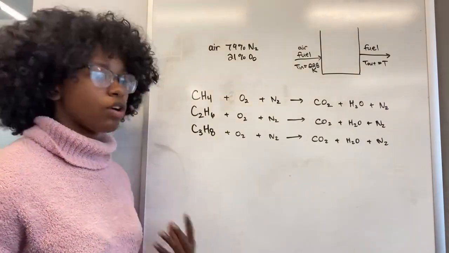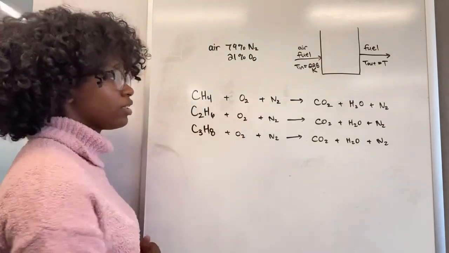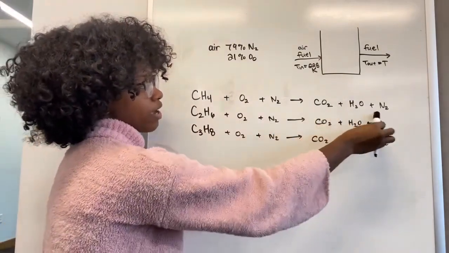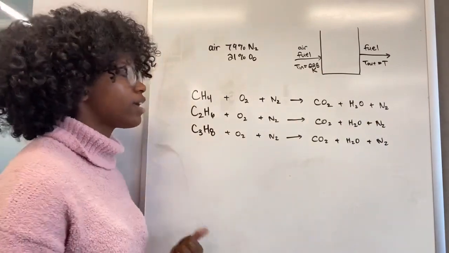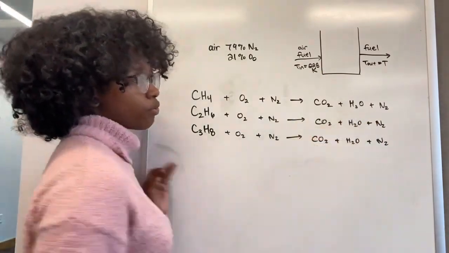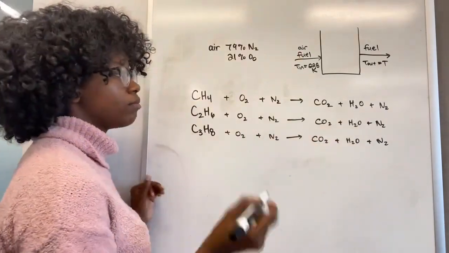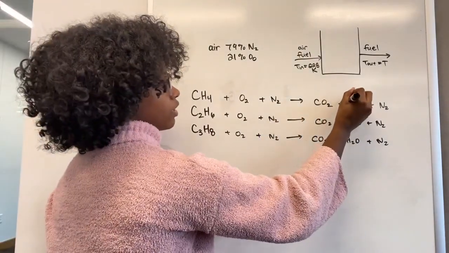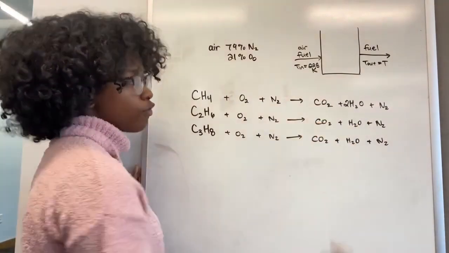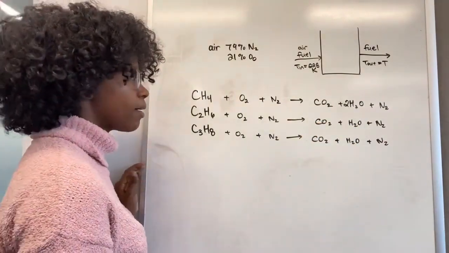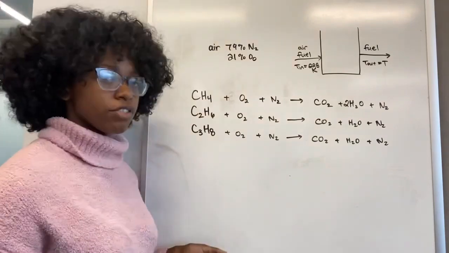So since we have one carbon in methane and no other carbons on the left, we need to have one carbon on the right, which we do. For hydrogen, there's 4 on the left, but there's only 2 on the right, in water, so we have to multiply this by 2 so that we end up getting 2 times 2, 4 hydrogens. So then our hydrogens are equal.